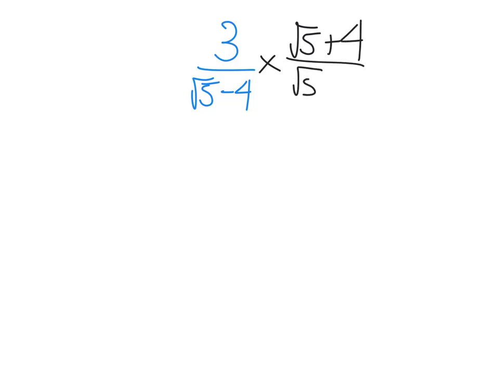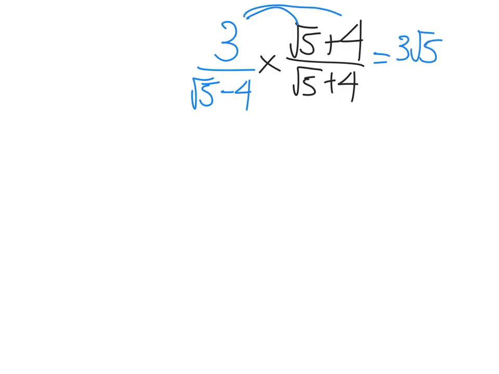So let's say I have something like 3 over root 5 minus 4. What I do is I multiply top and bottom by the denominator, but instead of the minus, I change it to a plus. So I'm going to multiply top and bottom by root 5 plus 4. On top, remember this is an expansion, I have to multiply the 3 by root 5.